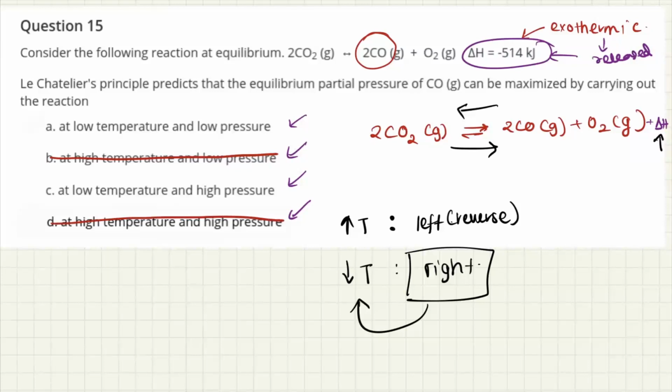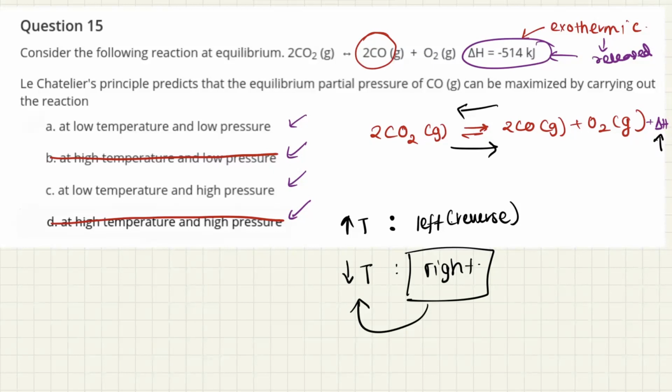Okay, so I hope you understand how the enthalpy and temperature can change the equilibrium sides, whether it's going to go forward or reverse. Okay, now let's do the pressure.